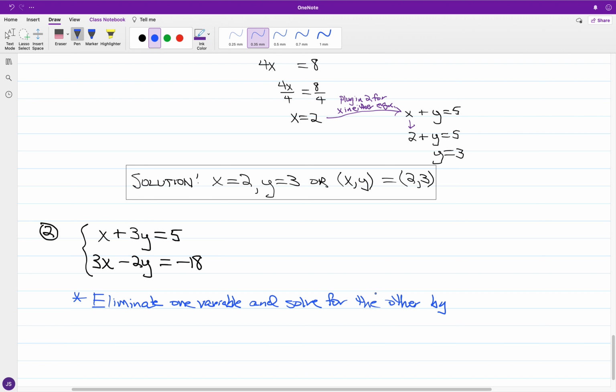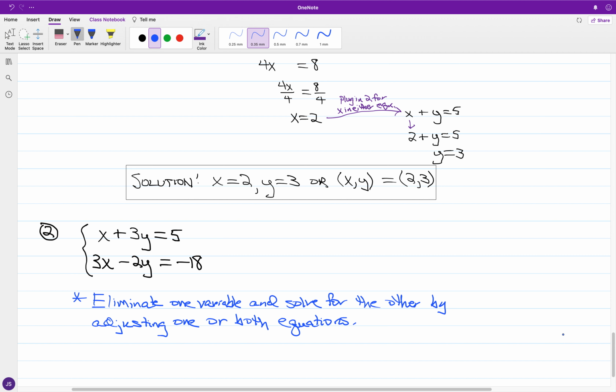And this can be done by adjusting one equation or both equations. What do I mean by this?